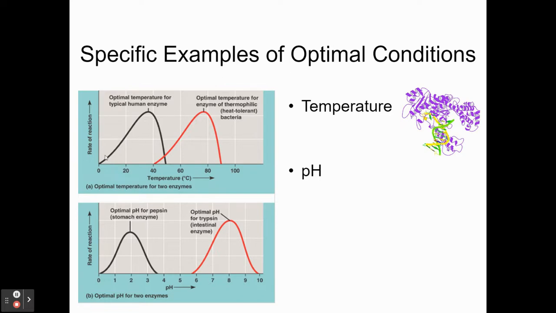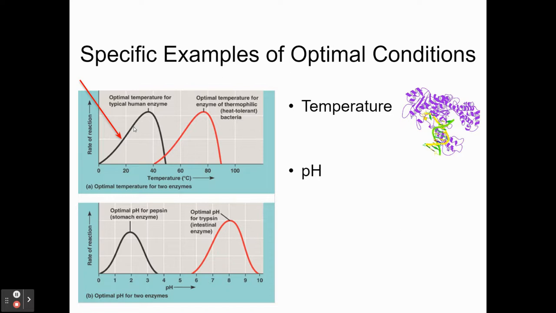And I do want you to notice one thing about temperature, which is that the rate of the reaction ramps up slowly with temperature. Why is that? Because at cold temperatures, enzymes are not really affected, at least their shape is not affected. What is affected is the movement of the molecules, the substrate and the enzymes.